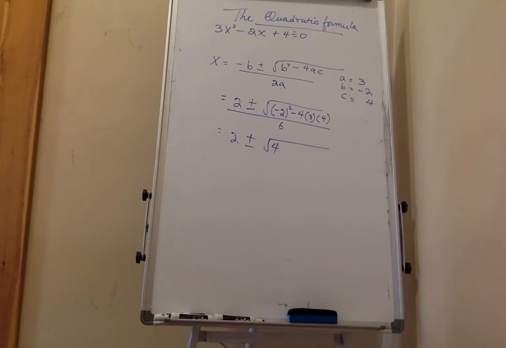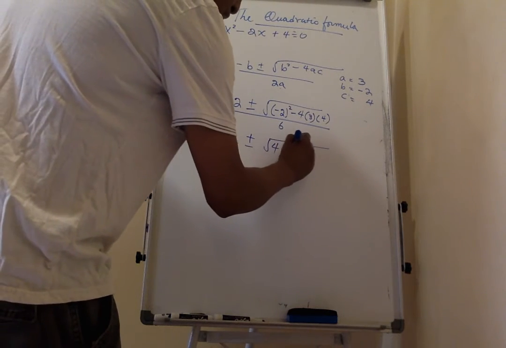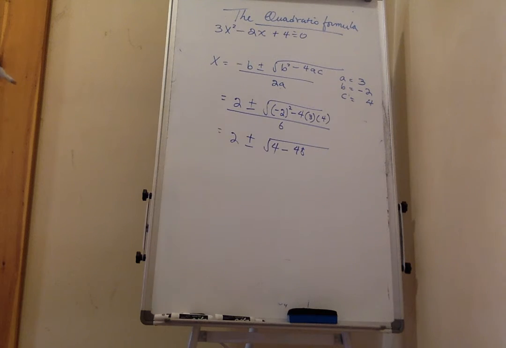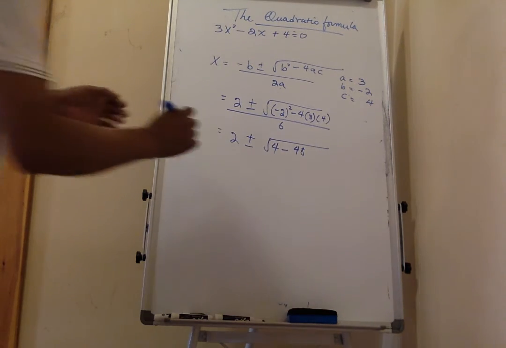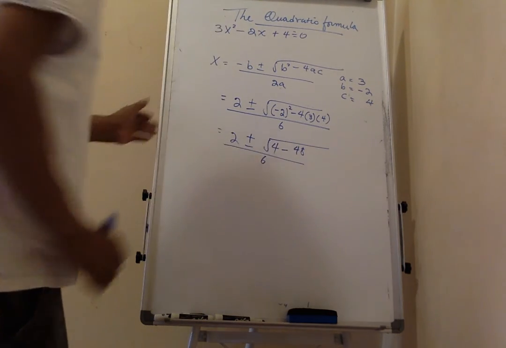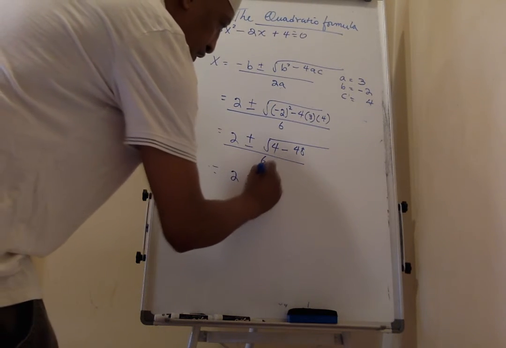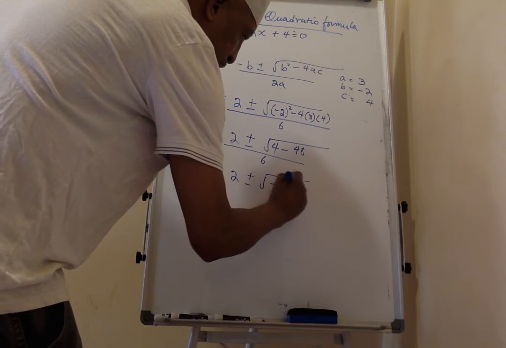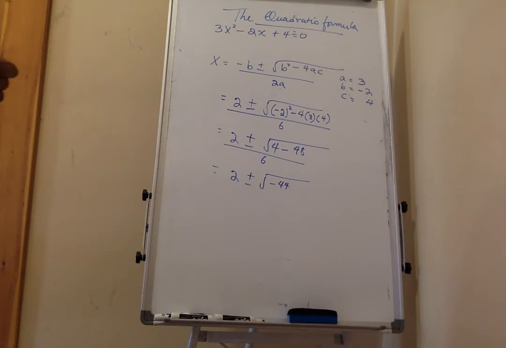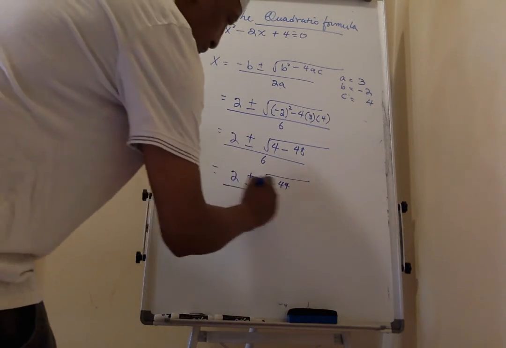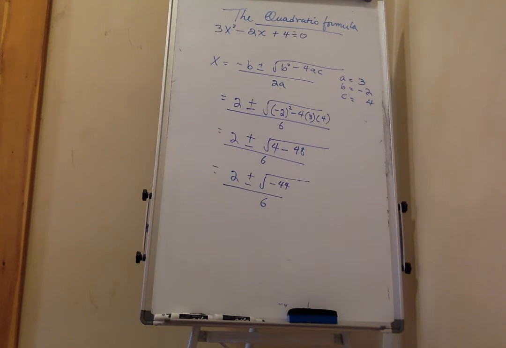And 4 times 3 is 12, and 12 times 4 is 48, but it is minus 48, over 6. So 2 plus or minus, this becomes the square root of minus 44 over 6. So you know now the solutions that you get are not real numbers but complex numbers, right?